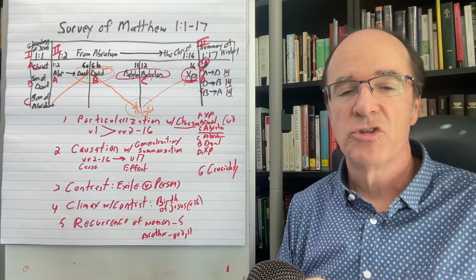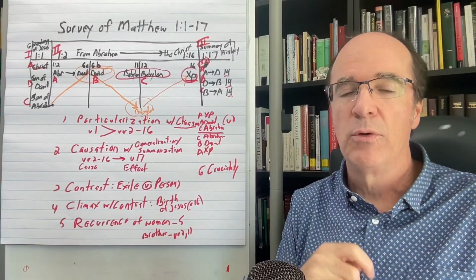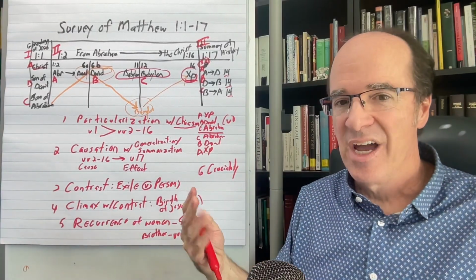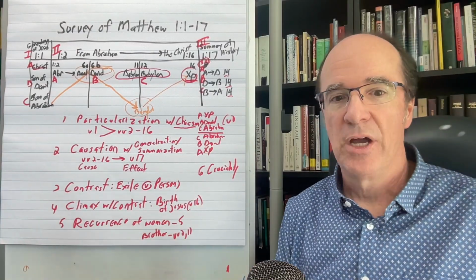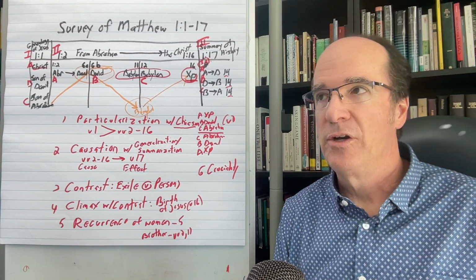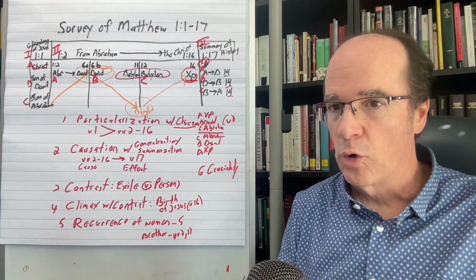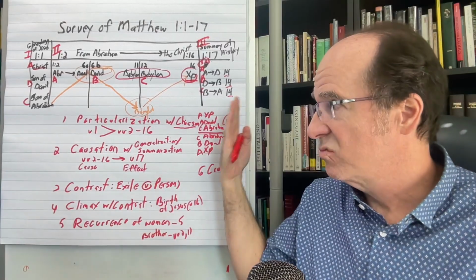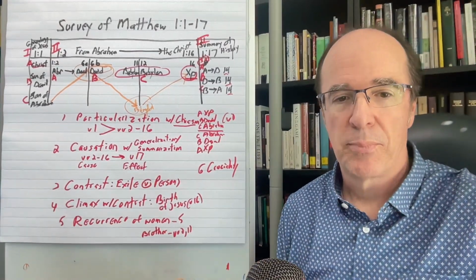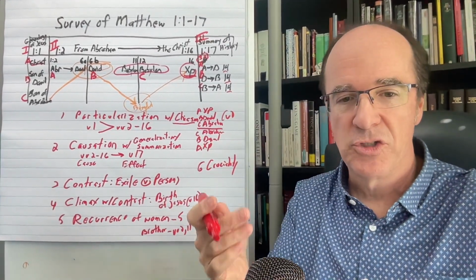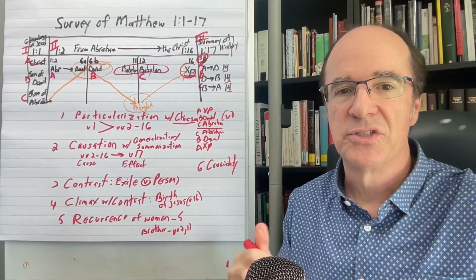You're also going to have literary form. That would probably be a genealogy, because what else would you call a genealogy? The atmosphere, I describe as formal and terse. And then some major impressions that I noted, and you should also note your major impressions.